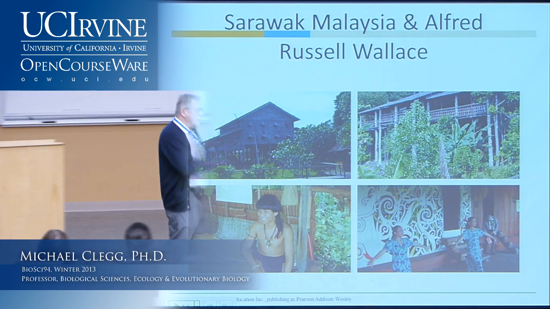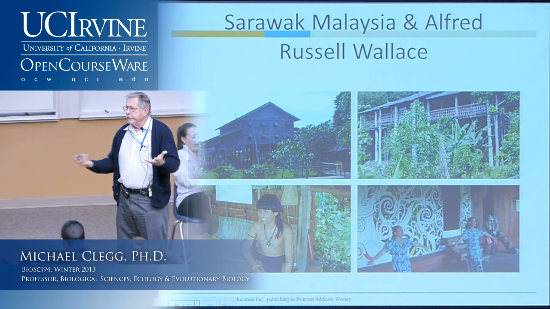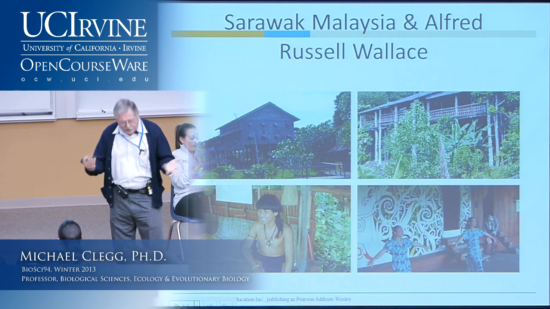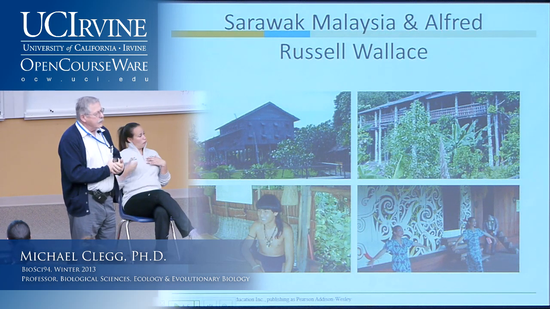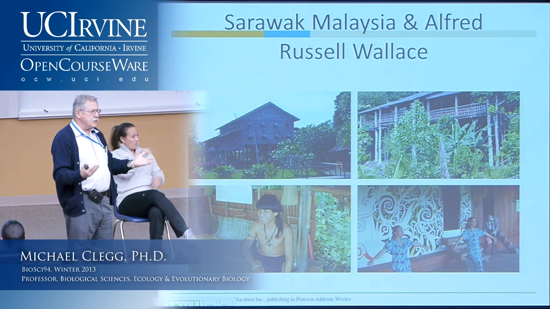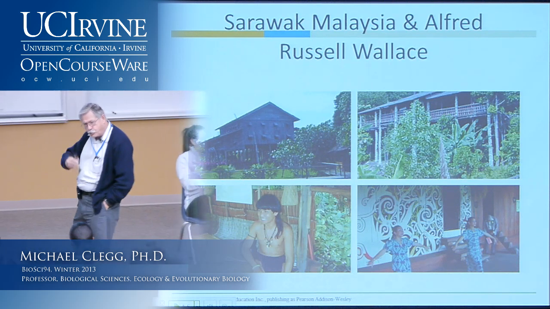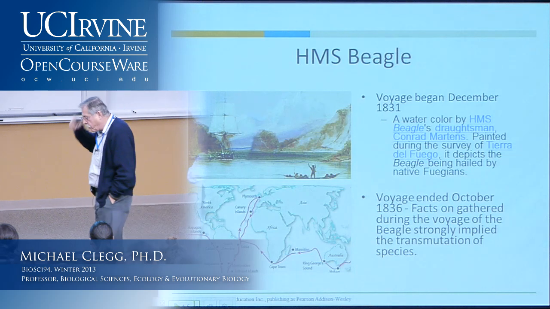And during a period of work in Malaysia, he, it is said during a malarial fever, had this insight that natural selection was the driving force for evolution, for the creation of the biological diversity that he'd been collecting.